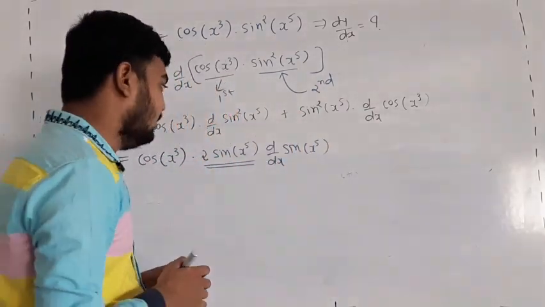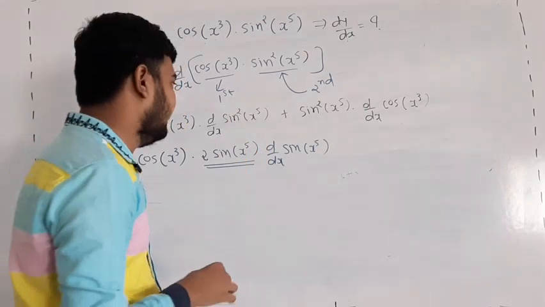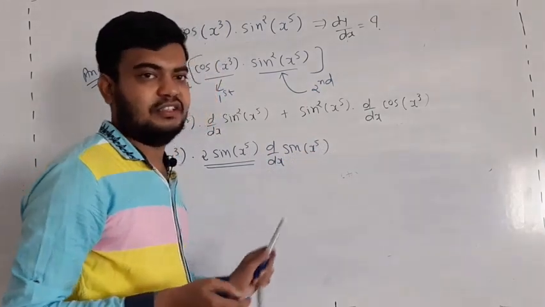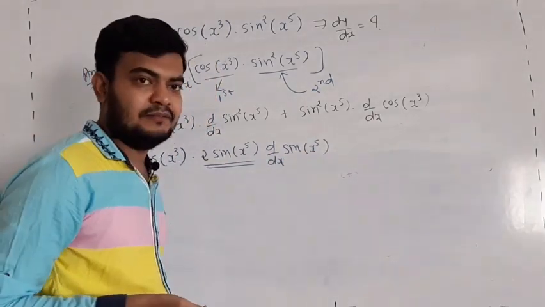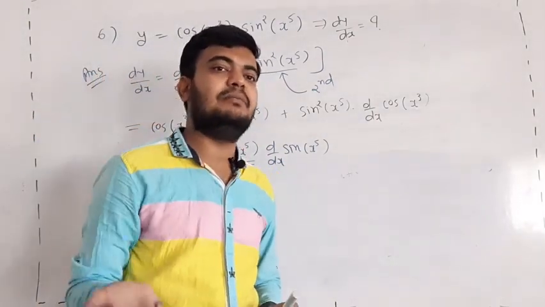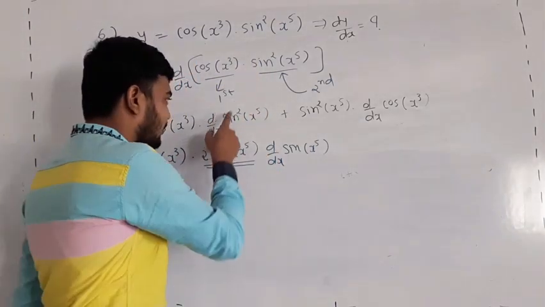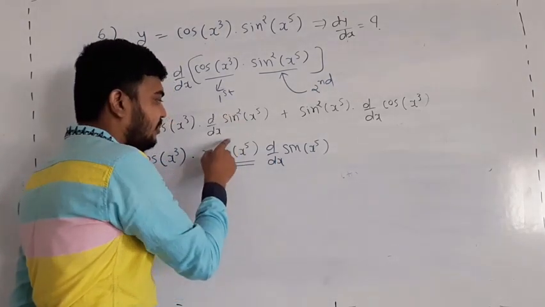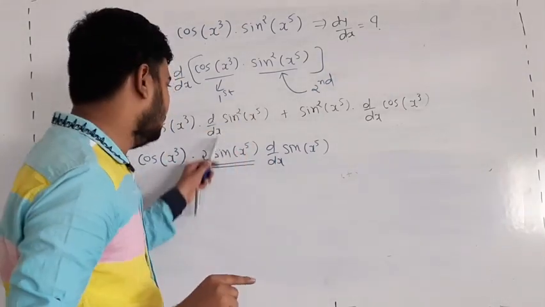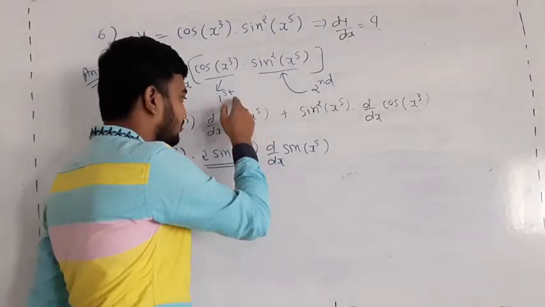If there is a power on the outermost function, first we differentiate the power, then we differentiate the outermost function. And how to differentiate the power? There are two forms: variable raised to constant power or constant raised to variable power. So here it is variable raised to constant power, so use that form. The old power comes forward and 1 decreased power, so 2 minus 1 is 1. So 2 sine of x raised to 5, and d by dx of, now the differentiation of power is completed.